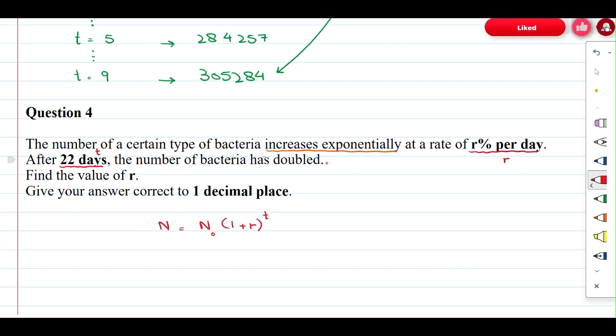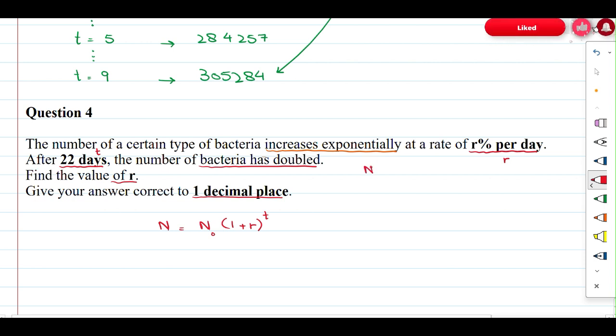After 22 days, the number of bacteria has doubled. Find the value of r, correct to one decimal place. After 22 days the number of bacteria doubles.